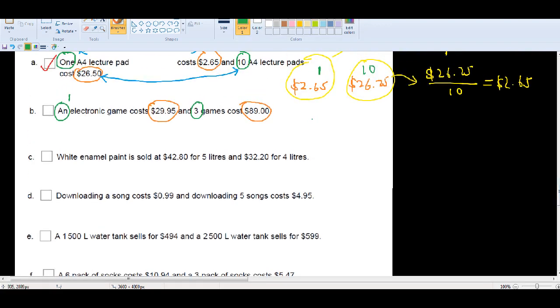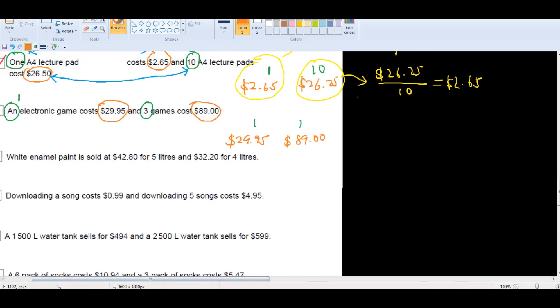You've got 1 and 3, and you've got 29.95 and 89.00. Let's see if these two pairs are the same. The first pair is 29.95 divided by 1. That's our first pair. How about the second pair?